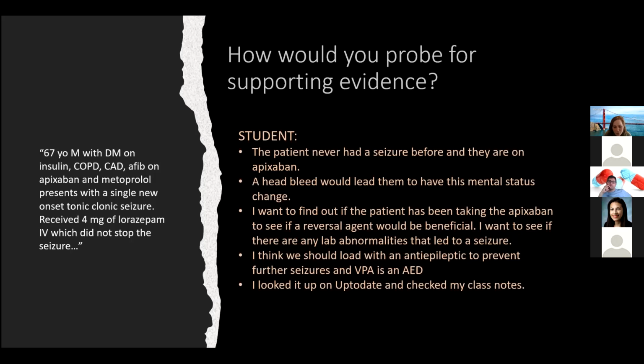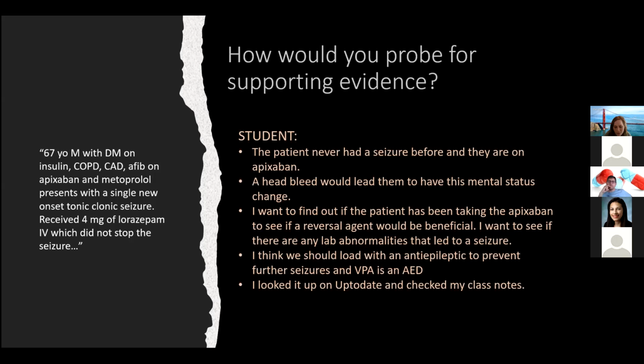They never had a seizure before, so I think apixaban is a problem because a head bleed would lead to this mental status change. And you're asking, why did you want to get labs? What additional information do you want? Well, I want to find out if the patient's been taking the apixaban.